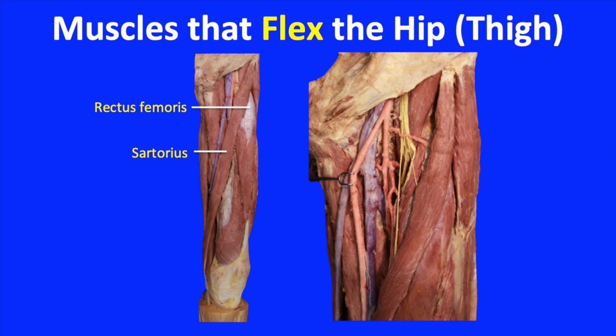The opposite action to extension is flexion. And here we see two muscles on the anterior of the thigh, the rectus femoris and the sartorius, that act to flex the hip. For example, when you do a crunch. Again, the reason that these muscles are capable of flexing the thigh is that their proximal origin is on one side of the hip joint and the other is distal to the hip joint.